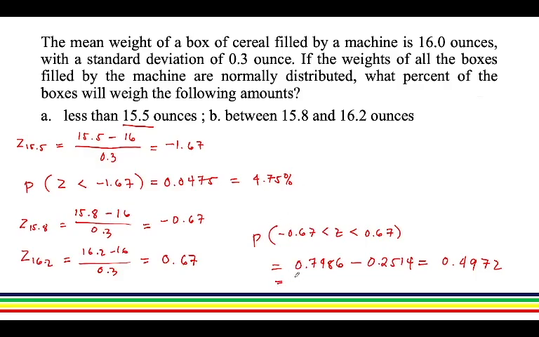Or this is equivalent to 49.72%. That means 49.72% of all the boxes being manufactured will weigh between 15.8 and 16.2 ounces.